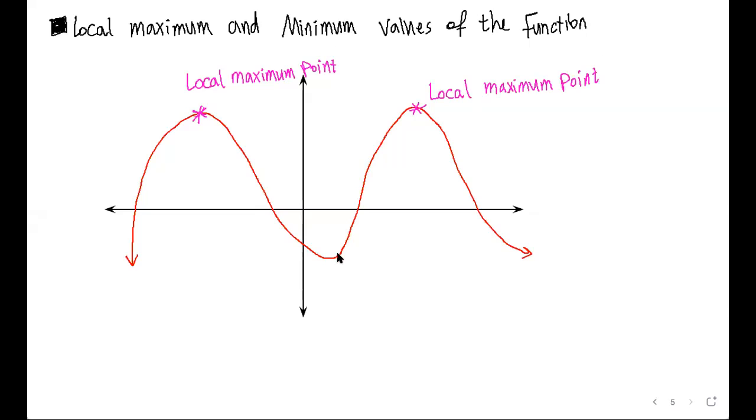But this point here at the bottom is the local minimum point. So now from the graph, I can know where the maximum and minimum points are, the local maximum and the local minimum points. Okay.